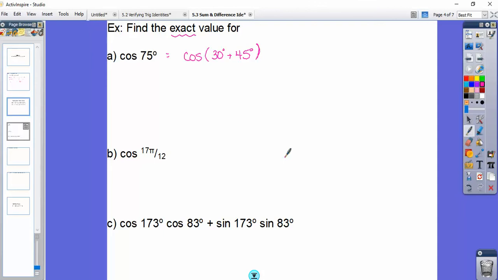You could do 135 degrees minus 60 degrees, or different combinations like that. So there is not only one correct way to write it. Just find two angles that you recognize off our unit circle that either add or subtract to 75.